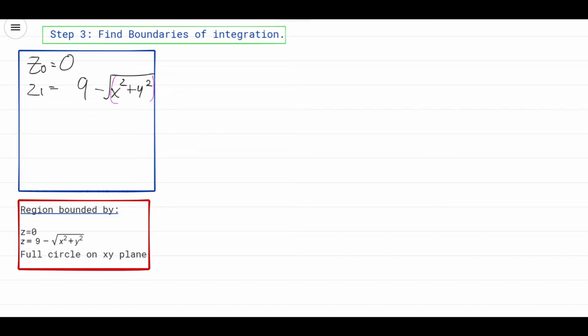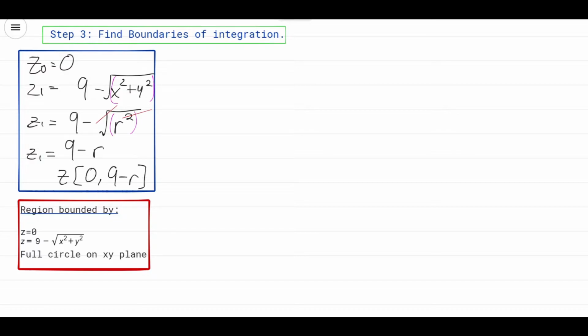But everything needs to be in cylindrical coordinates, in terms of r, theta, z. So 9 minus x squared plus y squared is 9 minus r squared. And the square root and the square can cancel each other out, so we're left with z equal to 9 minus r. So our z bounds are from 0 to 9 minus r.